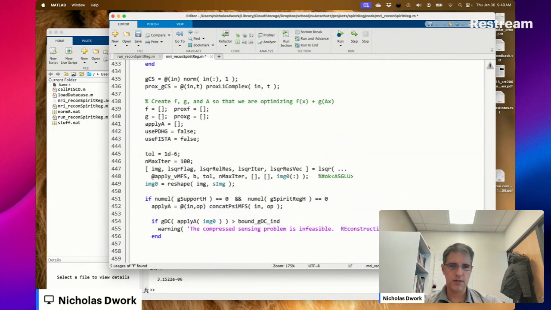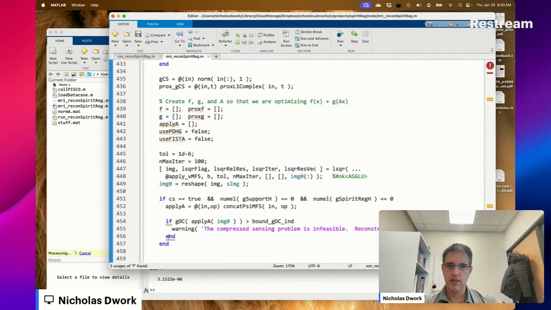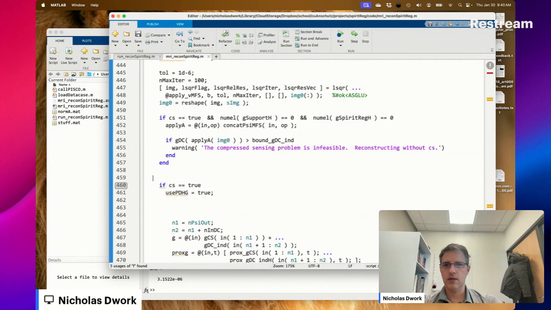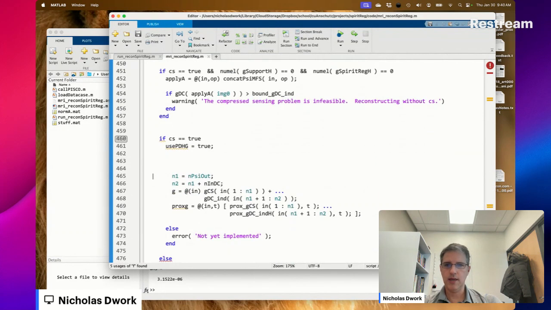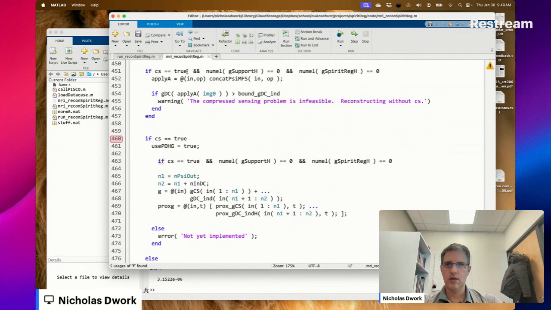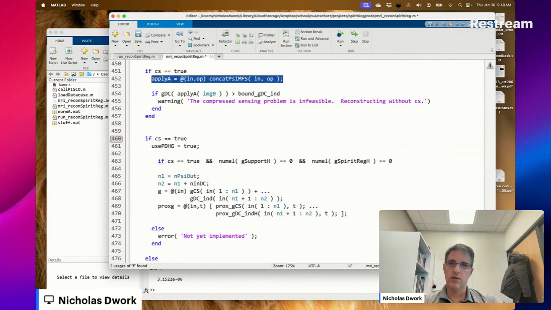Reconstructing without CS. If CS equals true and, okay, now let's take a look at what we did. So far, we've just messed a bunch of stuff up.